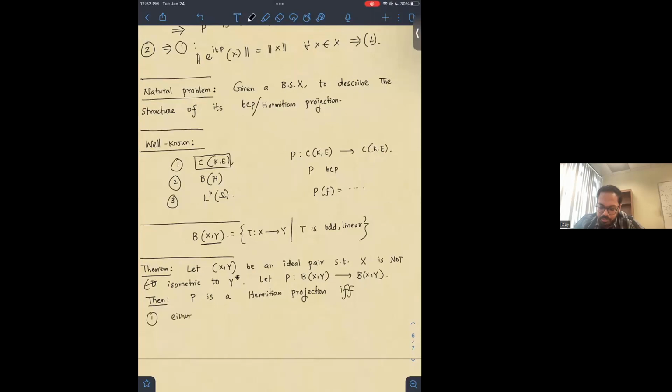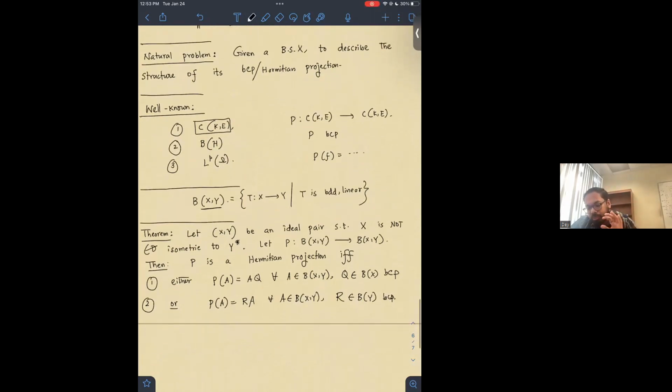Either P has this form, where Q is a bicircular projection on X, or the other possibility is P(A) equals R(A), where R is another Hermitian projection on Y. So if you know the underlying structure of Hermitian projections on X and Y, you could definitely do this problem for B(X, Y), and that's what we did.